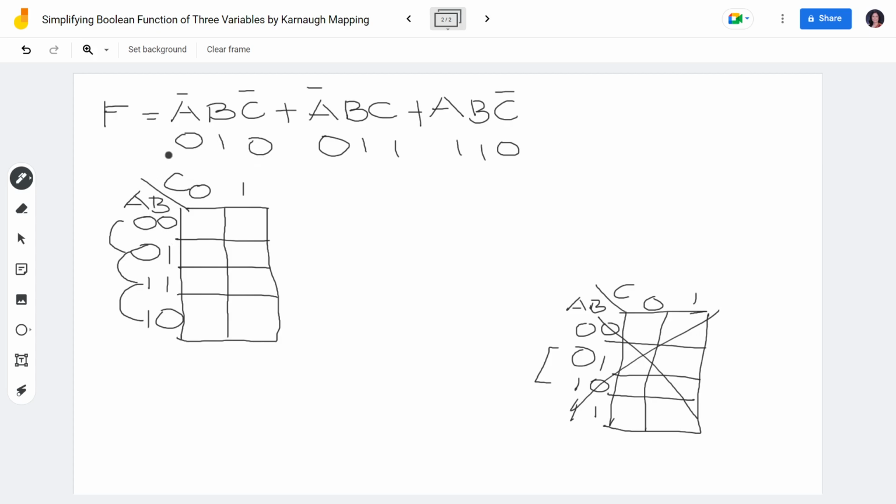Where is A? Let's look for A and B, which is 0, 1, and the value that we're looking for for C is not C, so that's a 0. So 0, 1, 0. Let's put a 1 here. Next, we have not A and B, 0, 1, and then C, which is 1. So 0, 1, 1.